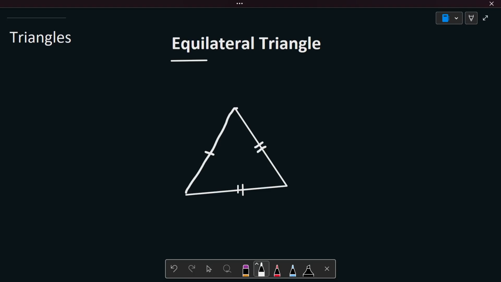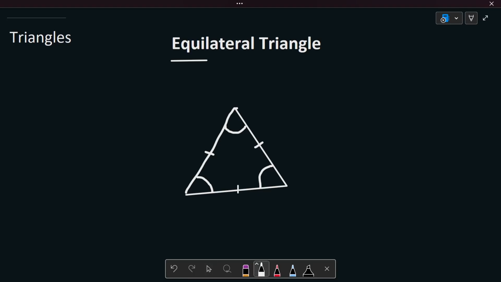side is the same. And actually, there's one more property for this equilateral triangle, and I apologize for almost forgetting. An equilateral triangle is a triangle that has every single side the same, and every single angle is the same in this triangle. That is the property of an equilateral triangle.